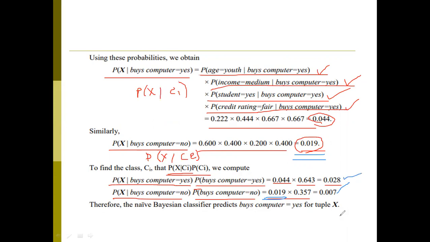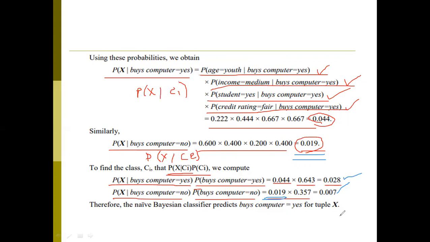Now, which probability is highest? Now check. Probability of yes or probability of no is highest. Obviously, 0.028 is the highest one, which means probability of yes.